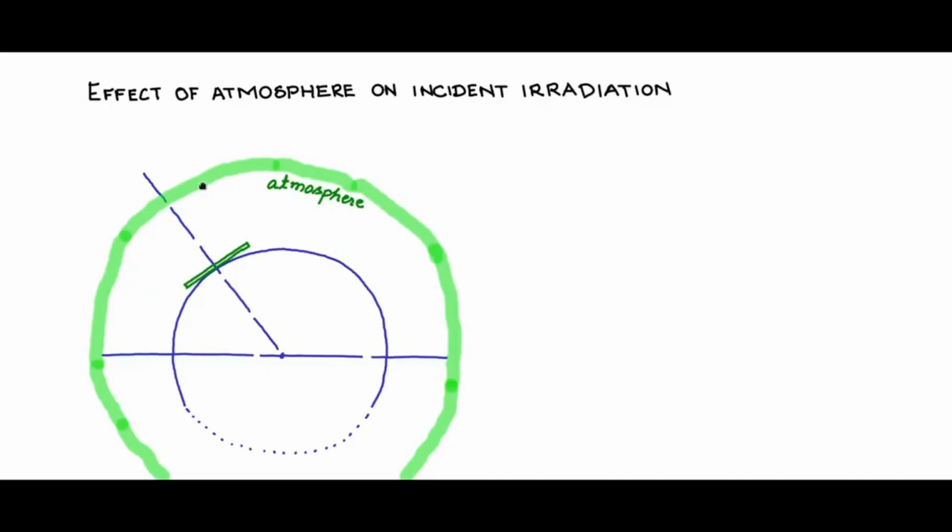The atmosphere after the ozone layer will act as an attenuator, stopping some sun radiation from falling on the earth. Somehow the incident energy beyond this atmosphere will be reduced when it comes to the surface of the earth.